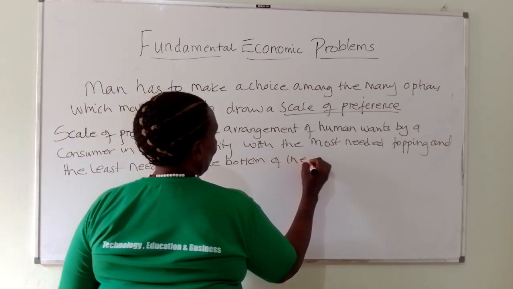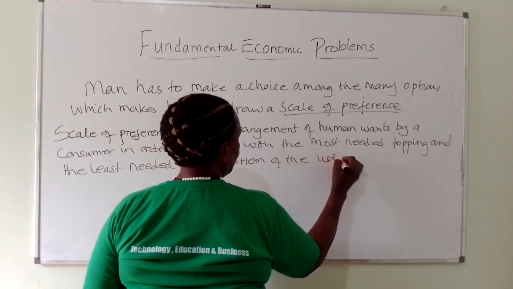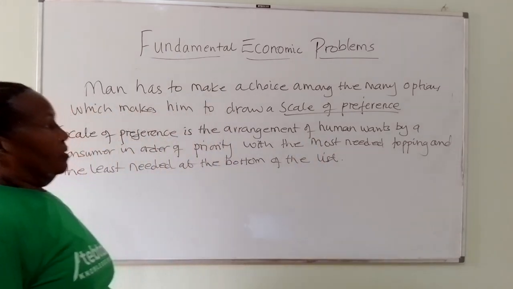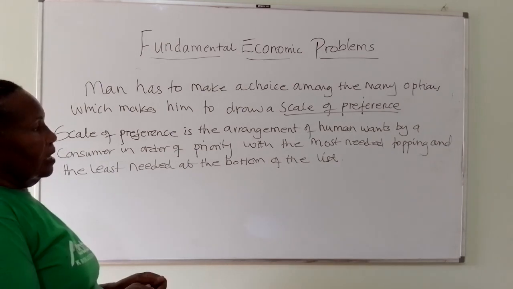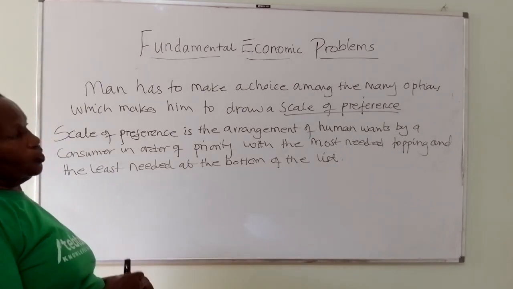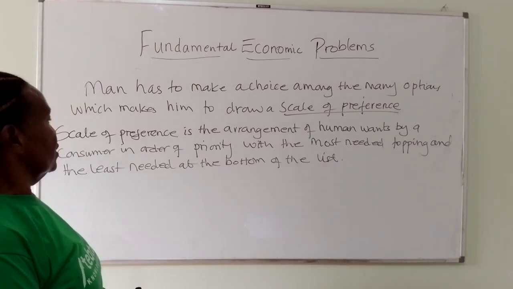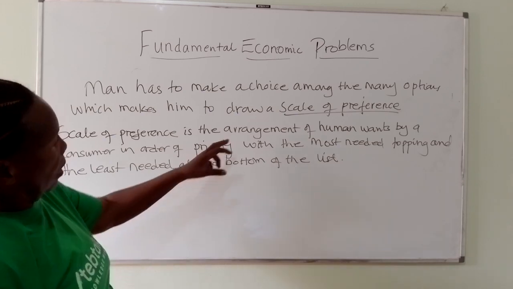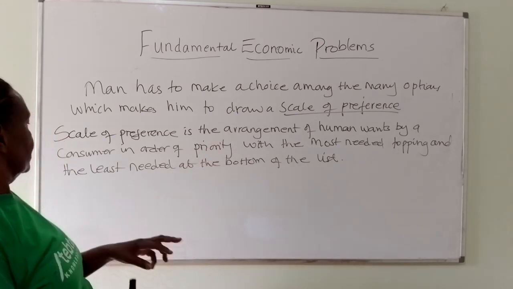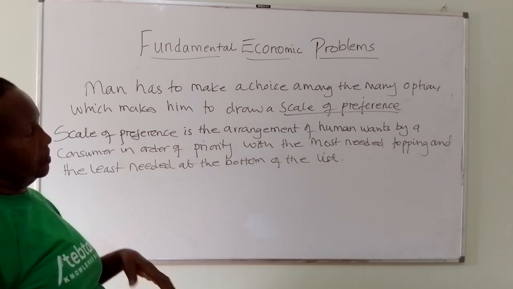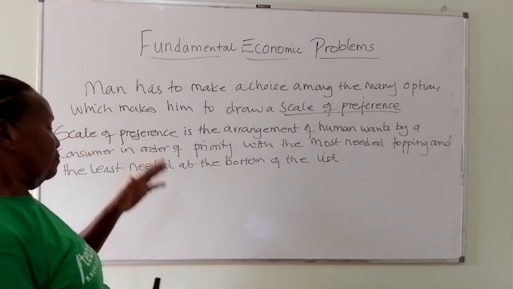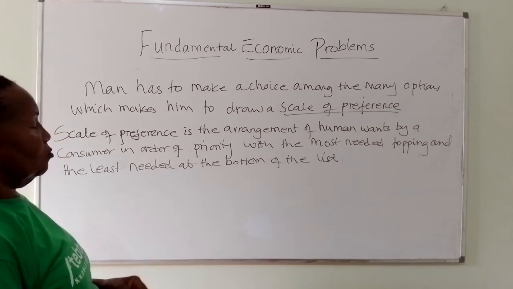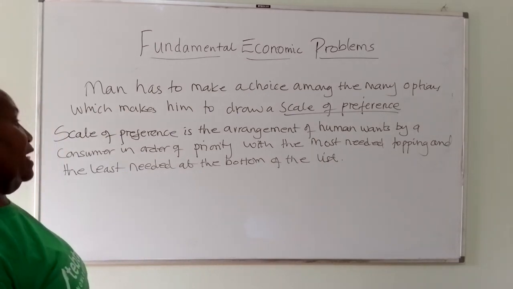The scale of preference, as already emphasized, is very important, and it makes the choices of the consumer very easy, because you are arranging your human wants in order of priority, whereby on that list, number 1 is what you need most, and maybe number 10 is what you need last.